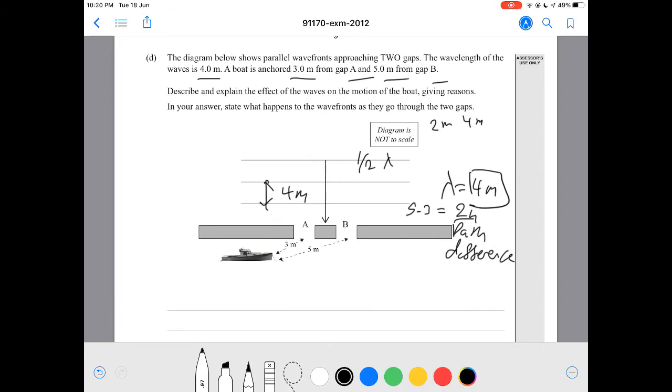Therefore, there's destructive interference. Remember, destructive interference occurs when a wave trough meets a wave crest.